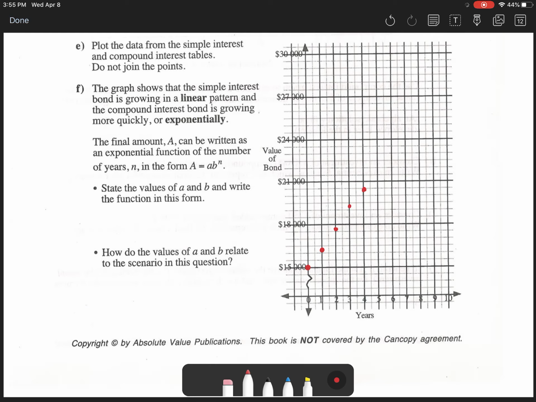There. And what do I have? Year 5, 21,750. So year 5, 21,750. Year 6, 23,000. So year 6, 23,000. And year 7, 24,450.